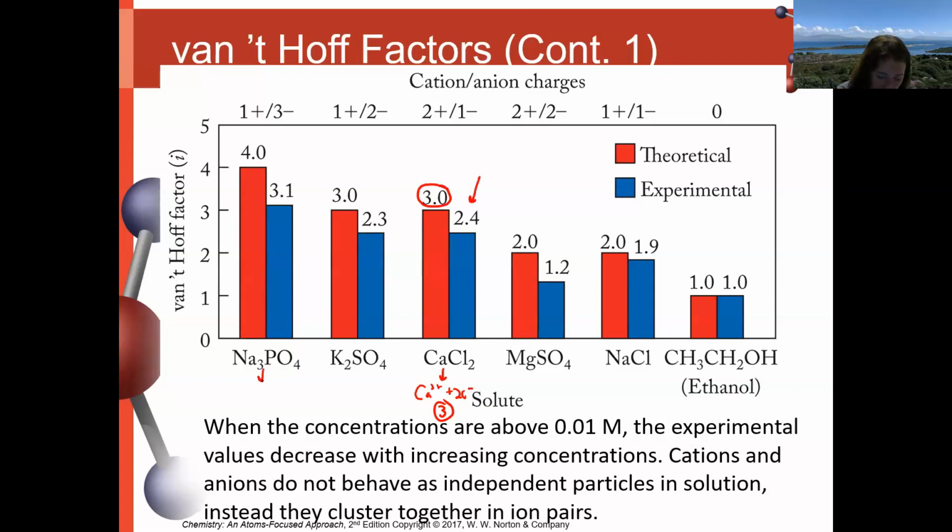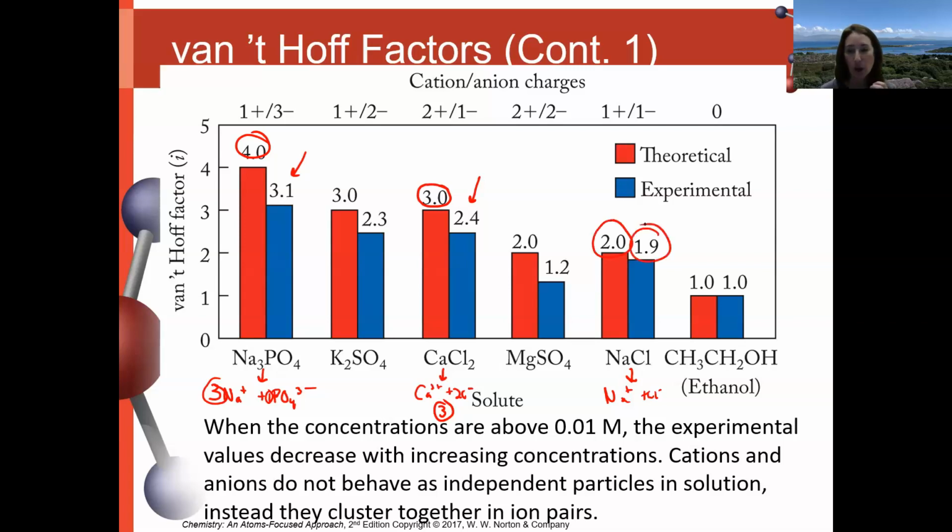Let's do this one. This would come apart into 3 Na pluses, like those dissociations we did at the beginning of the semester, and 1 PO4 3 minus. So that's 4 things. We would think it's 4, but experimentally, it's actually 3.1. Here's our NaCl. Remember when we said this would come apart into Na plus and Cl minus? That's 2 things, but it's actually 1.9.